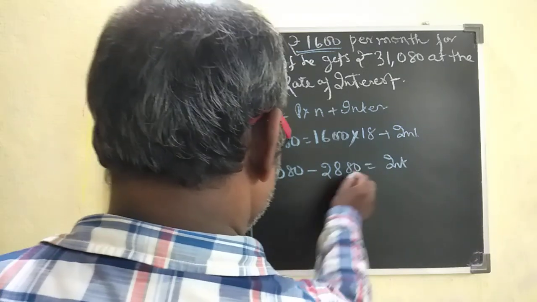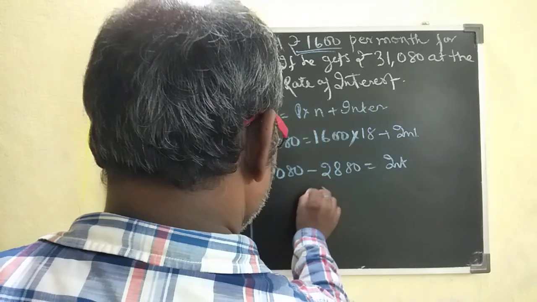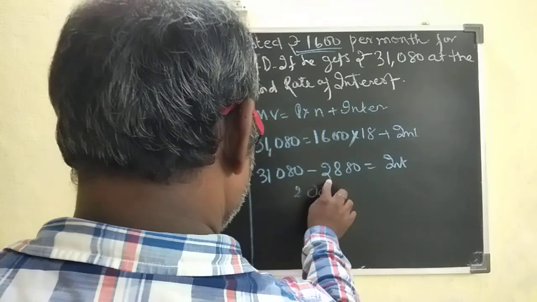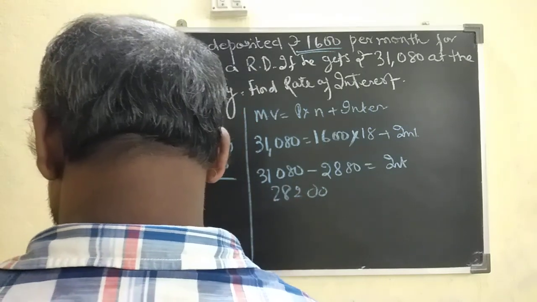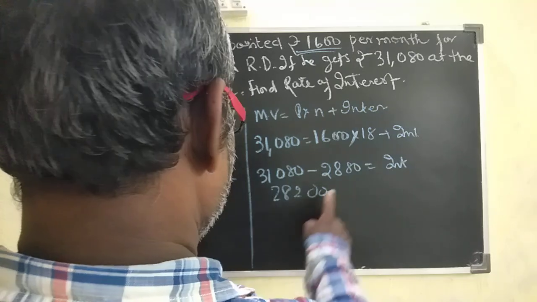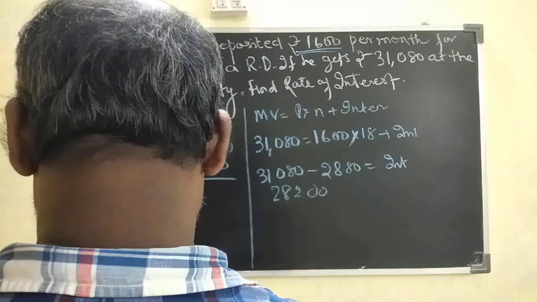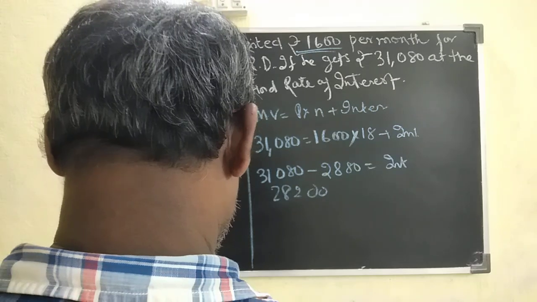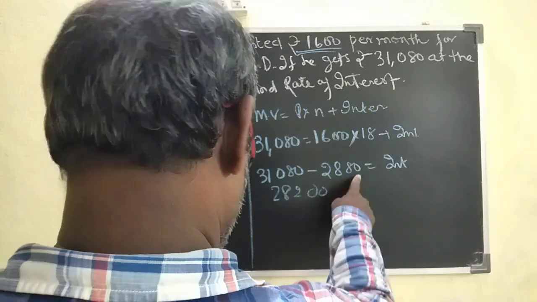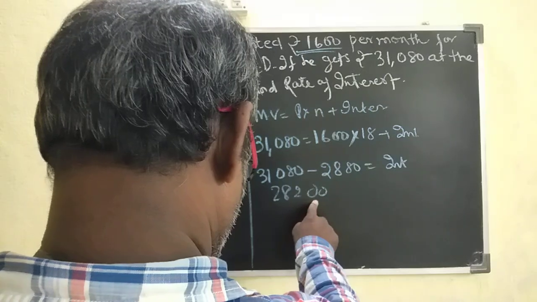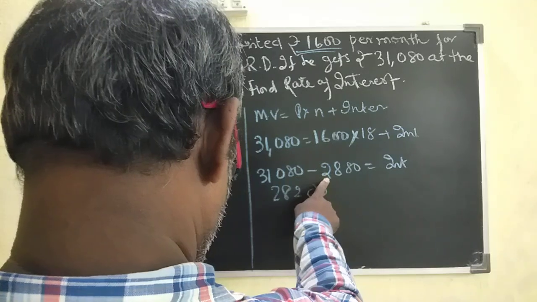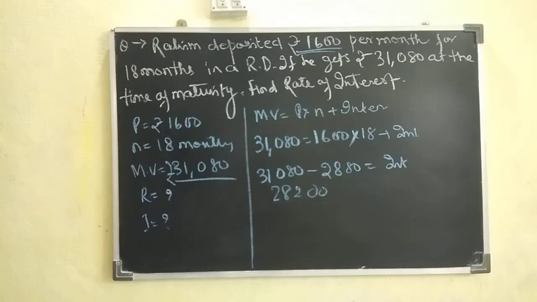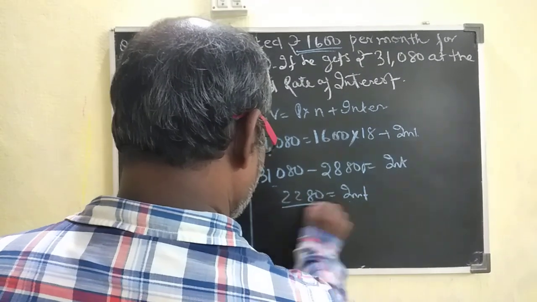Then if we do the subtraction, we get interest equals 2280.